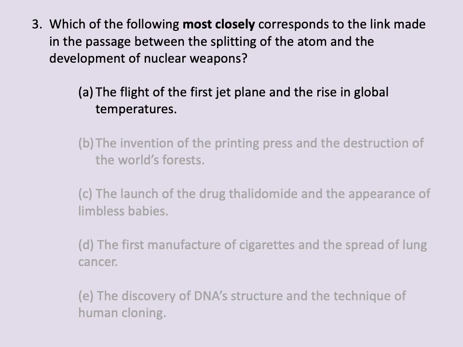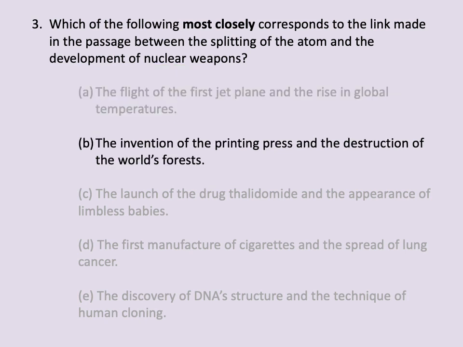Now, we just have to work through the options and identify the relationship between the nominal groups or noun phrases. In A, it looks like we're being shown a scientific development and its effect. So that doesn't fit. The second one, option B, pretty much looks along the same lines.